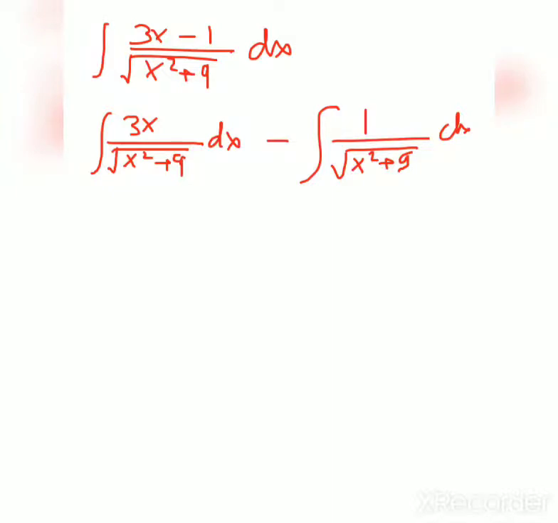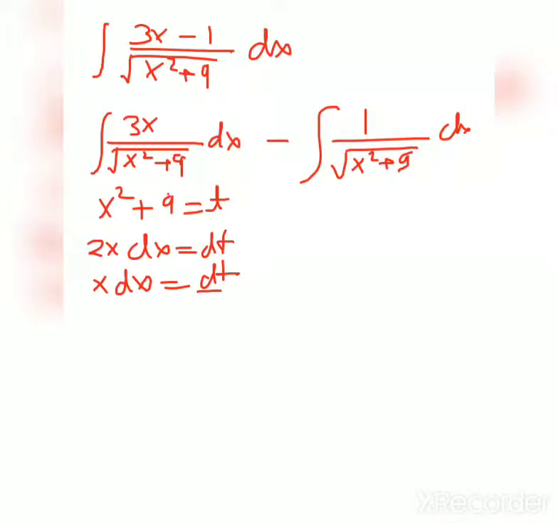Now, in the first case, we are going to suppose the whole denominator as t. So x square plus 9 equals t. So it will become 2x dx equals dt. x dx will be equal to dt by 2.